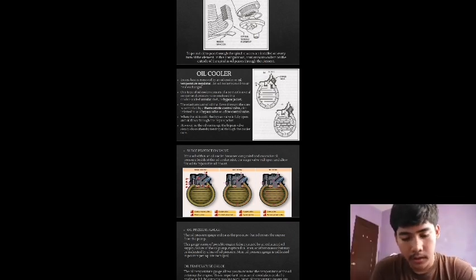Oil temperature gauge. The oil temperature gauge allows you to monitor the temperature of the oil entering the engine.